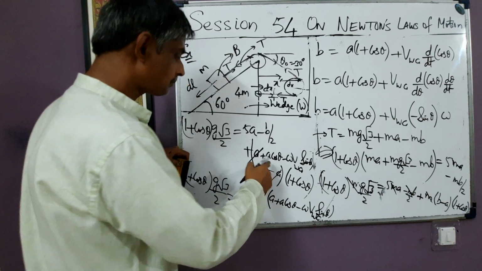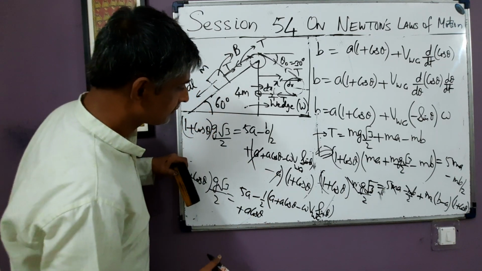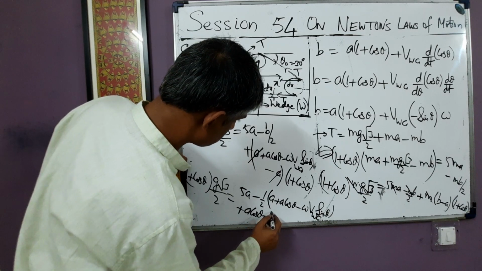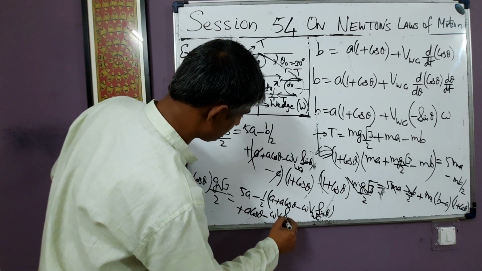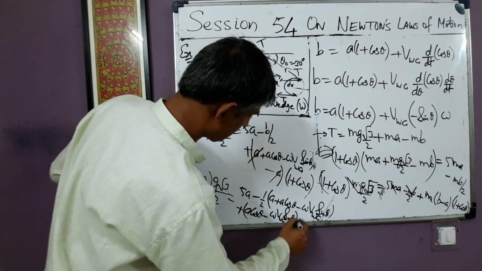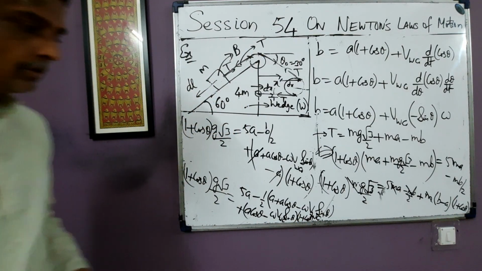This a cos θ minus ω v_wg sin θ into (1 + cos θ). Okay, fine. All right.